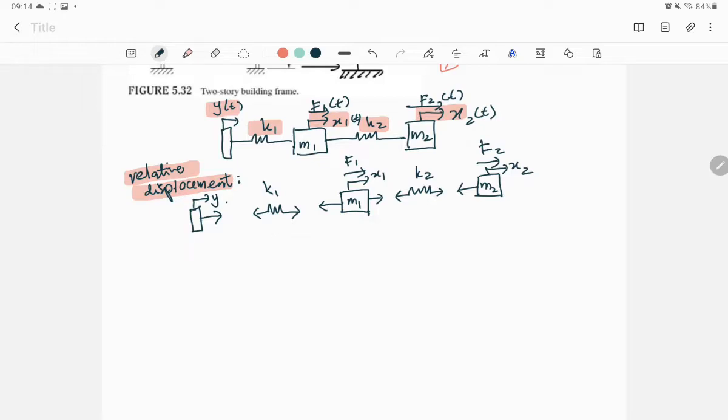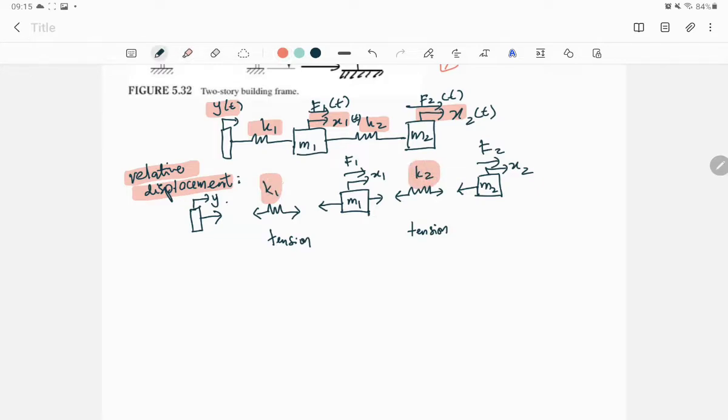In this case, I assume it's in tension. So you just need to follow the action and reaction and draw the free body diagram as I showed to you. After that, you write the relative displacement after you assume tension or compression. In my case, I assume tension for K1 and also tension for K2.